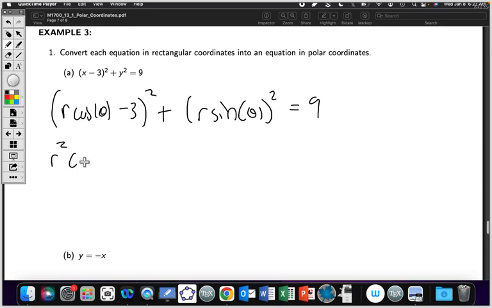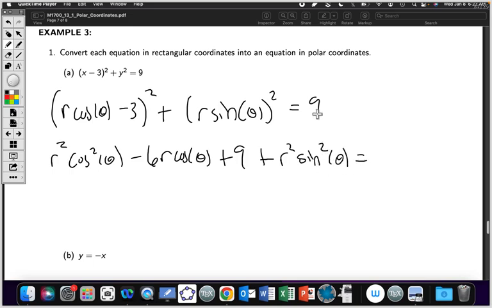So that would give me an r squared cosine squared theta minus 3r cosine theta twice. So minus 6r cosine theta plus negative 3 squared, plus 9, plus r squared sine squared theta, and that's equal to 9. And I look for opportunities to simplify.